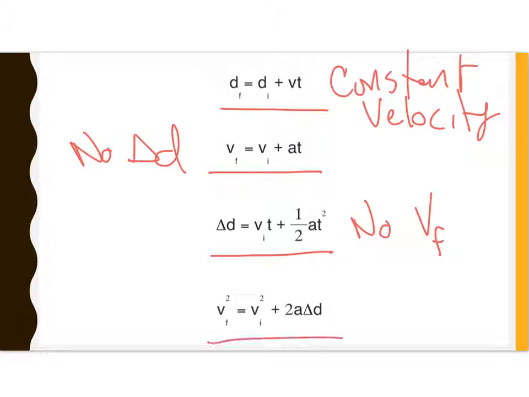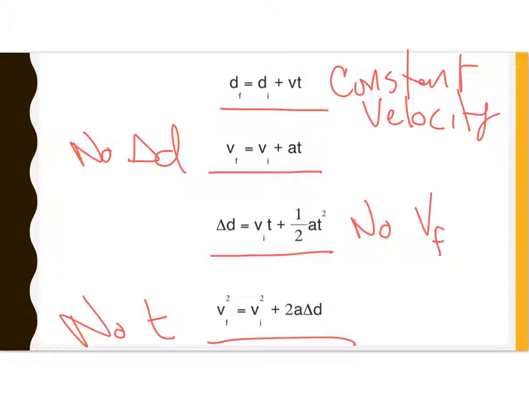And then, of course, this last equation we use whenever there is no time, because this is the only equation that does not have time in it. So if the question doesn't give you time, then you can use this equation to solve for the other variables.